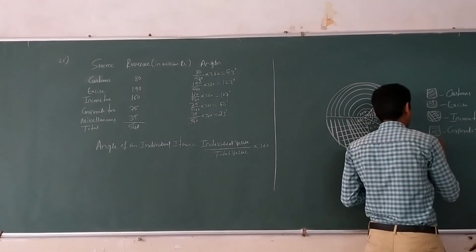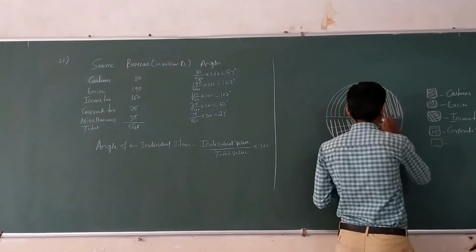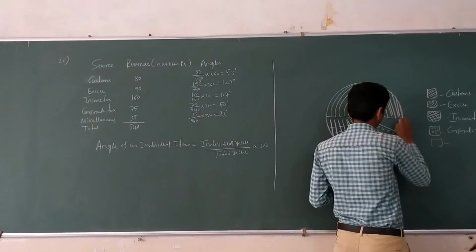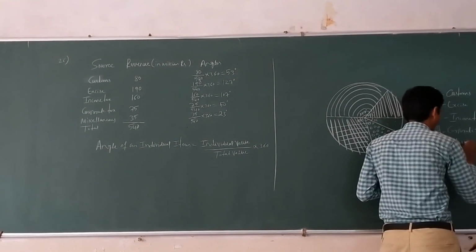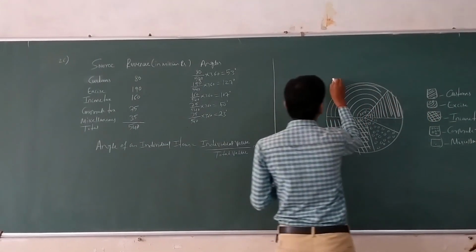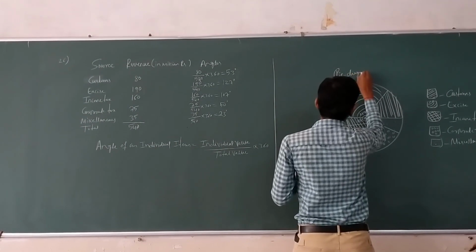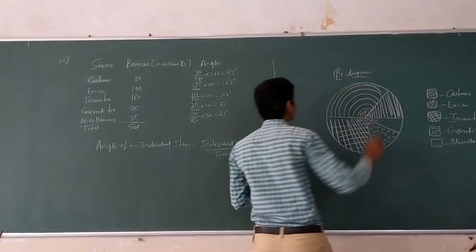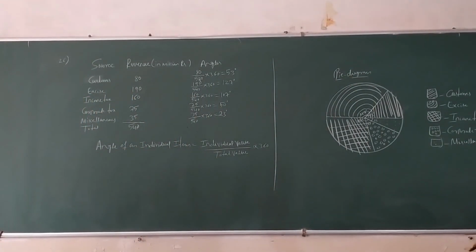And the last one is miscellaneous. Okay, it is a pie diagram for showing the revenues, the income of the government.